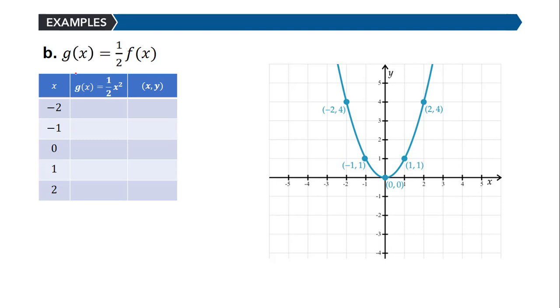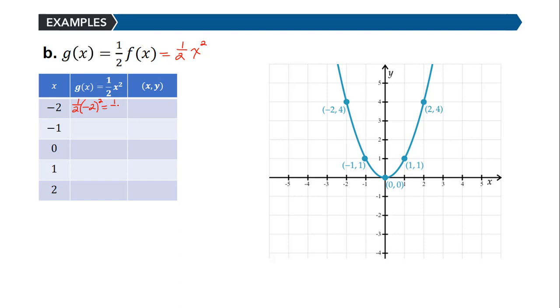Now we want to look at the graph of g of x, which is equal to 1/2 f of x. Again, f of x is x squared, so this is equivalent to 1/2 times x squared. So I have a table of values, and I want to plug in -2, -1, 0, 1, and 2. When I replace x with -2, I get 1/2 times -2 squared.